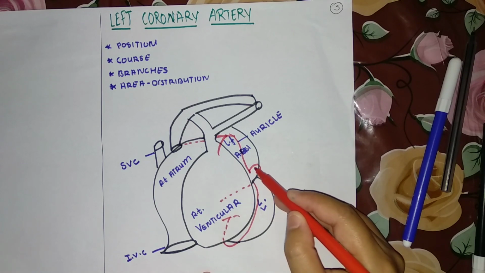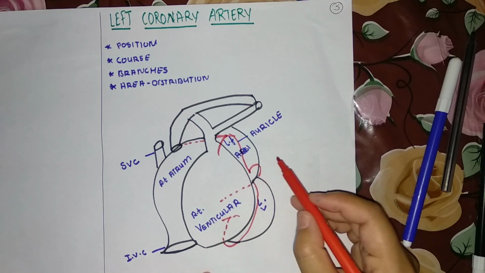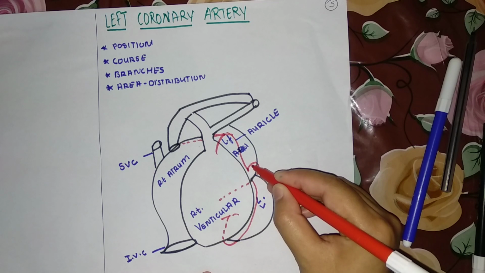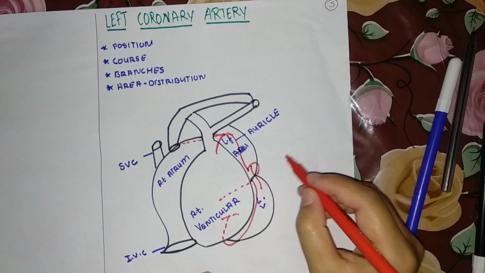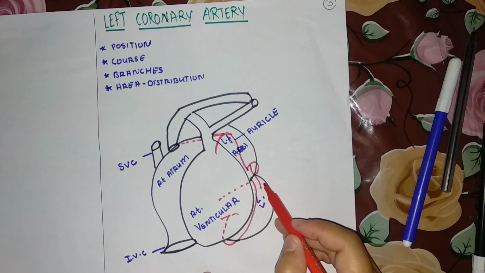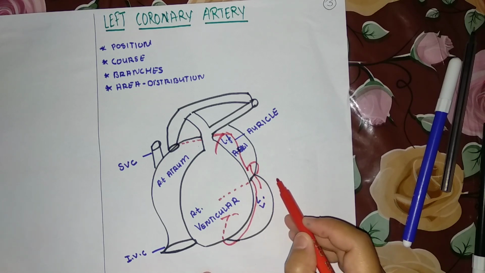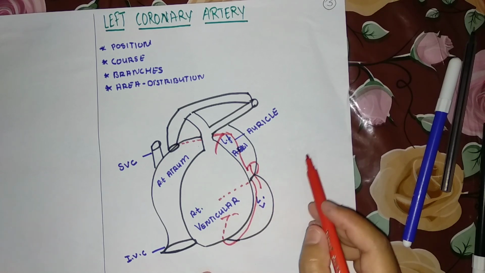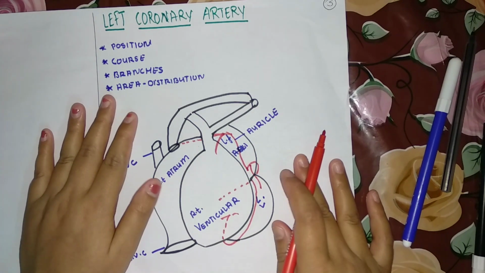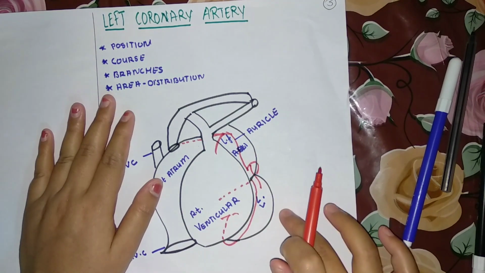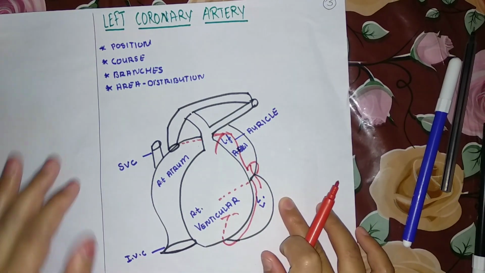From here, the circumflex artery gives one more branch, which I'll name afterwards, that is the left marginal artery. If you know the branches of the right coronary artery, you will automatically know the branches of the left coronary artery.